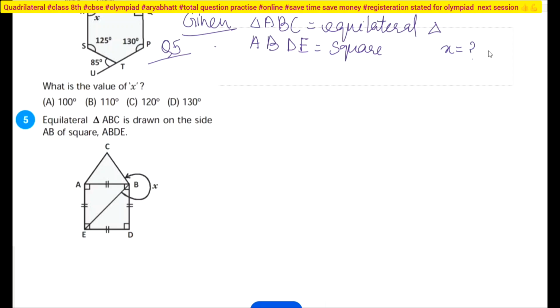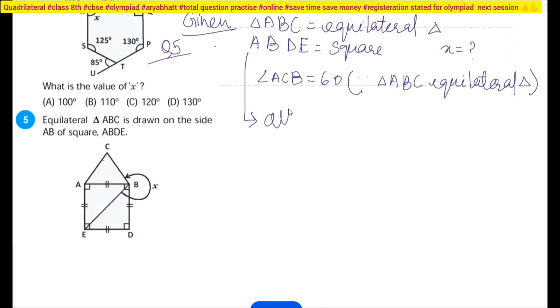So the x value will be the greater one. Now since it is an equilateral triangle, all the angles will be 60 degrees, right? So I will say that angle ACB is equal to 60 degrees, because triangle ABC is an equilateral triangle. Next, ABDE is a square, so all angles are equal to 90 degrees, and all sides are equal.